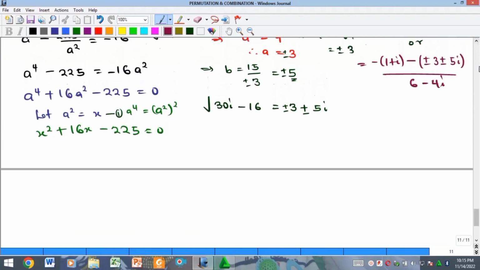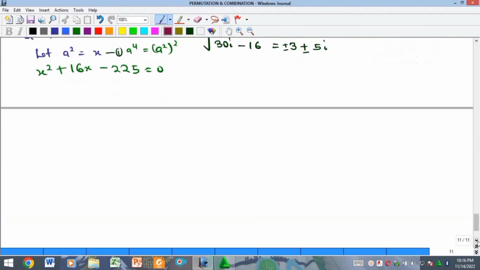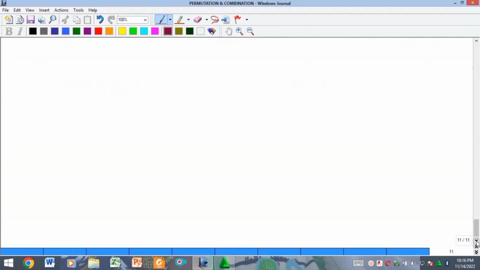So for that first part where we have minus 1 plus i, what this means is that we're also going to get two values here. We'll have minus 1 plus i, and it's going to be plus.